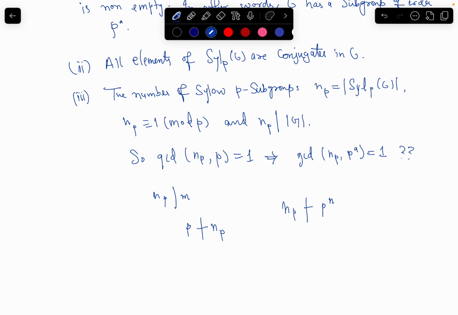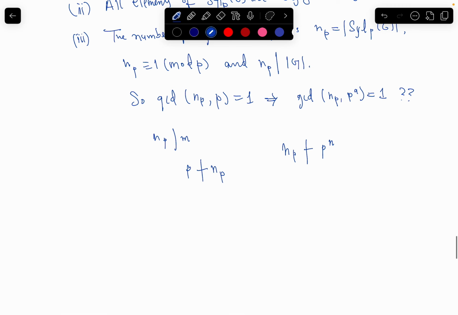So if n_p is more than 1, it does not have p as a factor, because if it did, then p would divide n_p, and that is not possible because n_p is 1 mod p. So that means n_p divides m.